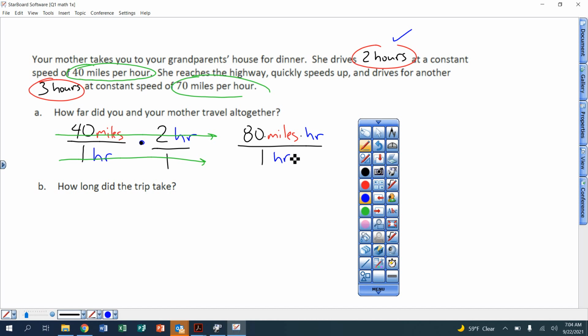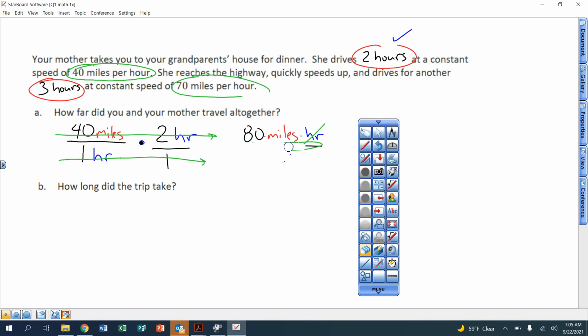And then in math, we like to reduce stuff. We like to cancel stuff away. See hours. We like to not even write this whole over 1 action, because it's just plain old 80. When you times straight across, all you're left with is that mile unit right there, because the hour units cancel.